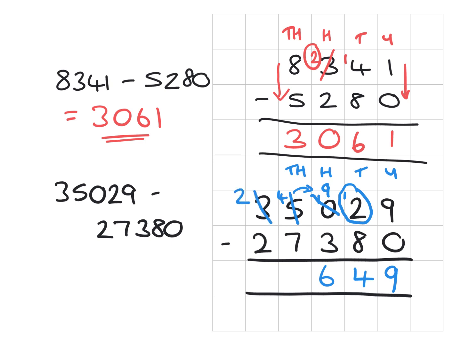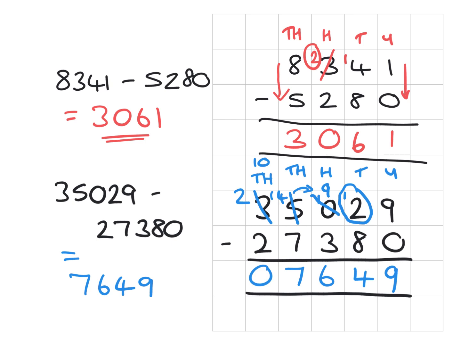So we're going to go all the way over to the 10,000s column and borrow one of those to make 14,000 take away 7,000 is 7,000. 2 10,000s take away 2 10,000s leaves us with 0 to give us a final answer of 7,649.